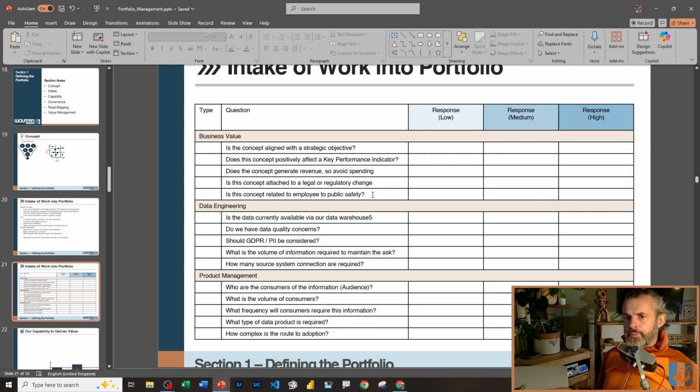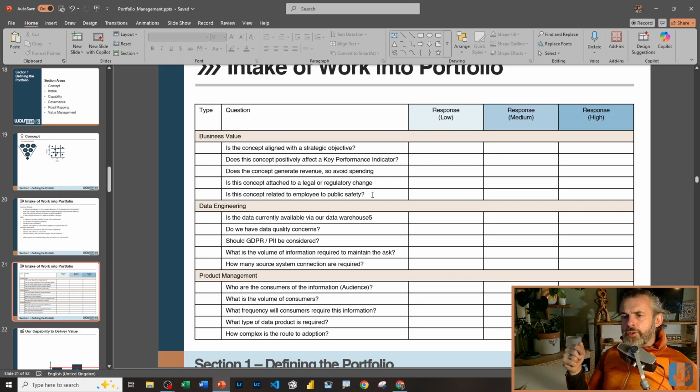And the standard response, I say standard, each question will have its own type of response, but they'll be standardized in that one response will give a low rating, one a medium, and one a high. And I'll get into what I mean by that in a second. So there'll be a low, a medium, and a high. And we want a response for each one of these questions.